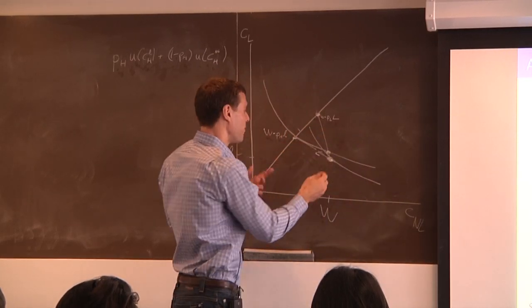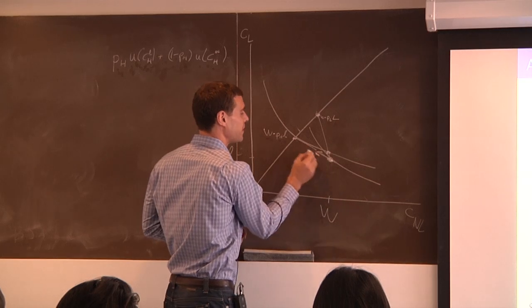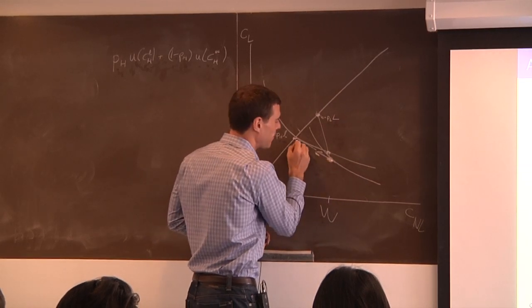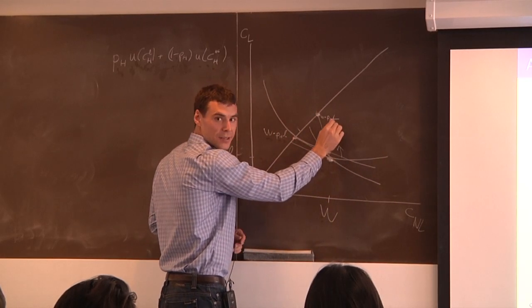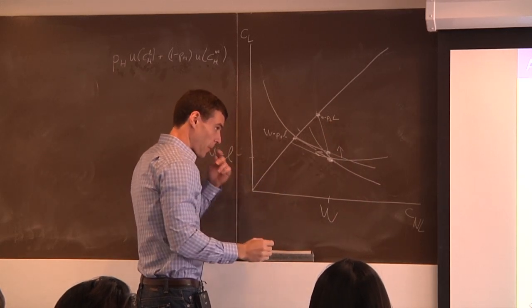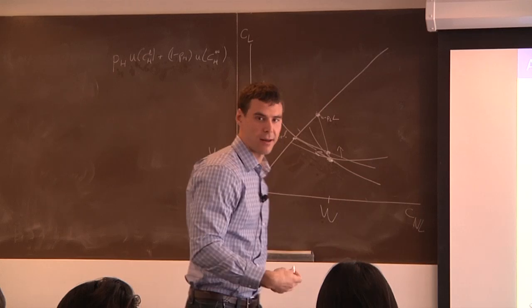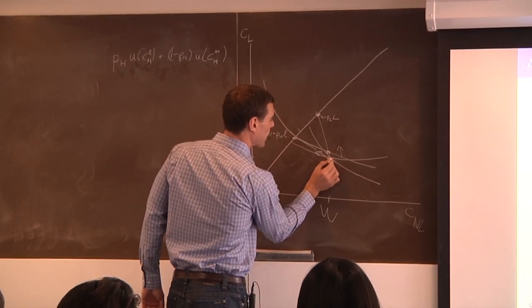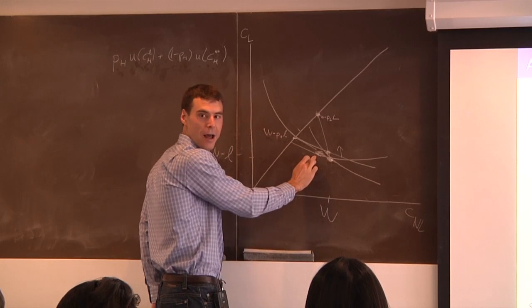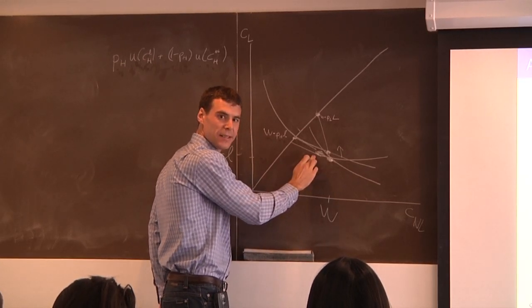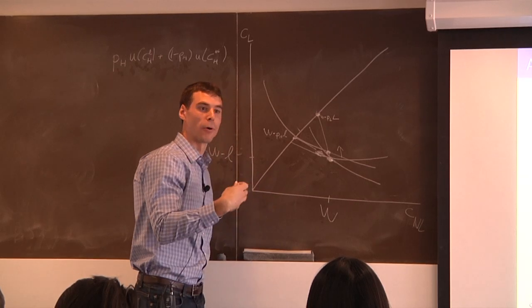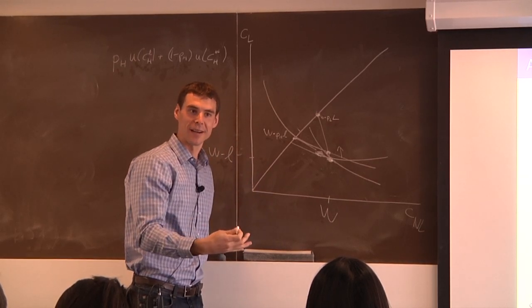If you try to move in this direction, anybody whose indifference curves look like this would not take it, but everybody whose indifference curves look like this would be happy to take it because their indifference curve would start moving in that direction. Okay? So the way to think about this Akerlof unraveling result is that for a given movement away from the endowment, there's going to be some kind of cost to that contract that's induced by the set of people who are willing to purchase that insurance contract.